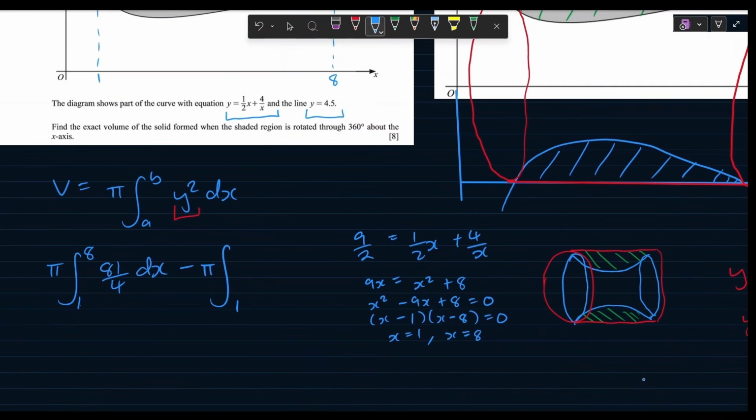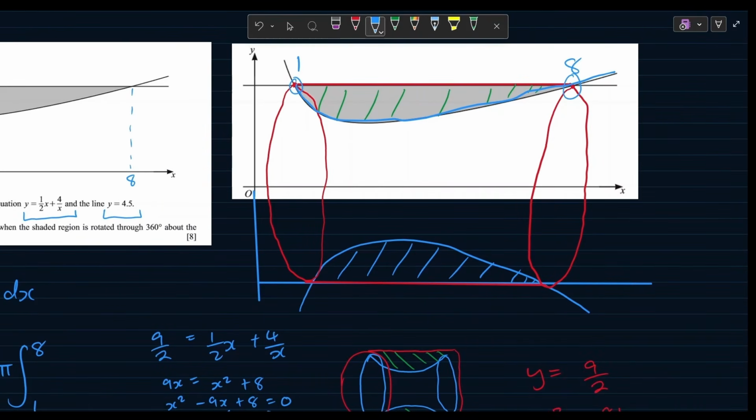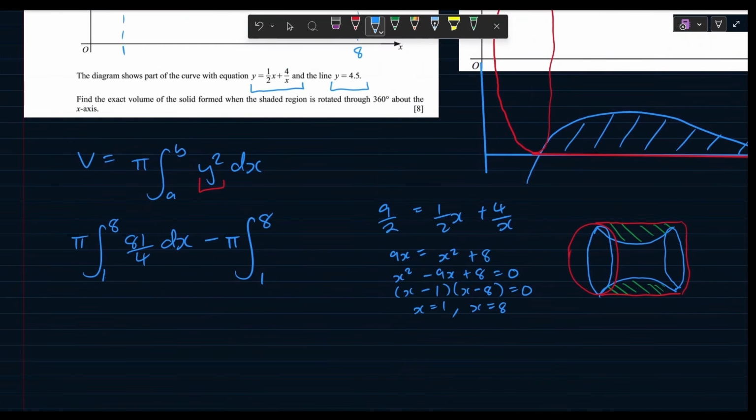And what's the equation that's bounding the vase? The vase is being bounded by this curve, so we use the equation of that curve to get our y squared. We know that y is equal to half x plus 4 over x.